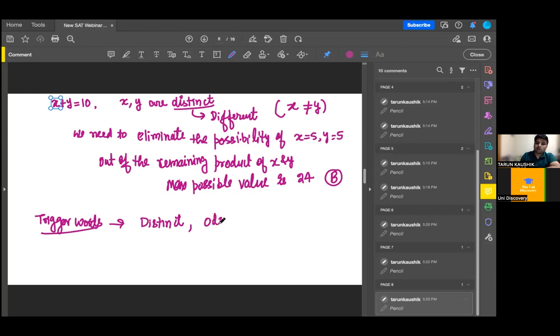If it says they are odd, they are even, they are negative, they are positive, they are prime, always write down this information while you are solving the question so that you do not make errors like this.